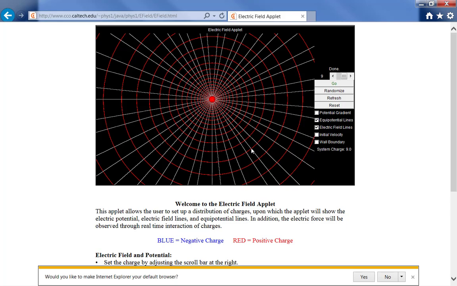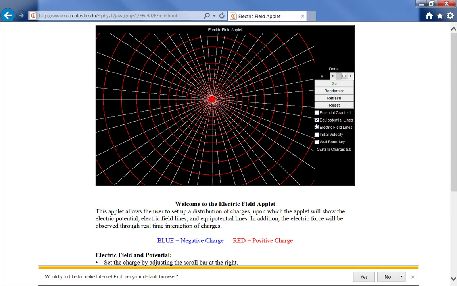If my motion was perpendicular to the electric field, I got no change in potential. So if you look everywhere on here, the field and the potential are perpendicular to each other. Since the field is pointing radially outward everywhere, in order to be perpendicular everywhere, I get circles.